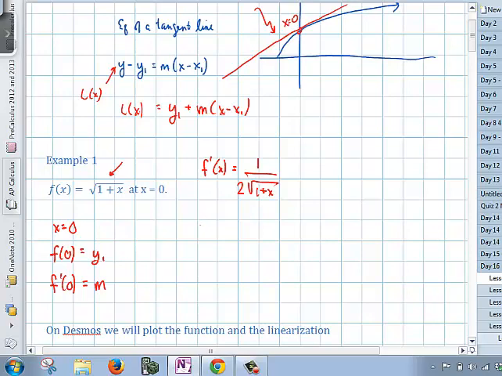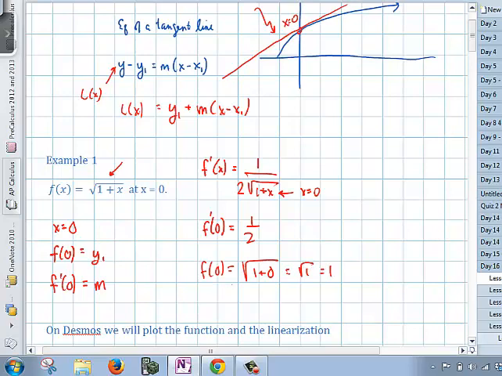So f prime at 0 is equal to 1/2 when we plug 0 in for x. f at 0 is equal to just the square root of 1 plus 0, which is the square root of 1, which is 1.